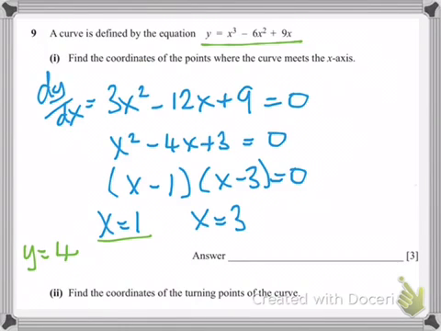Working that out, our first coordinate is 1, 4. And when x is equal to 3, y is equal to 3 cubed minus 6 times 3 squared plus 9 times 3, which is 0. And 3, 0. And those are the coordinates of our turning points, which is this part of the question here.